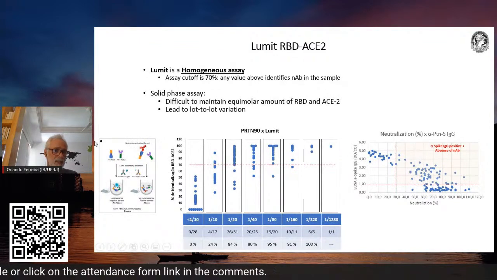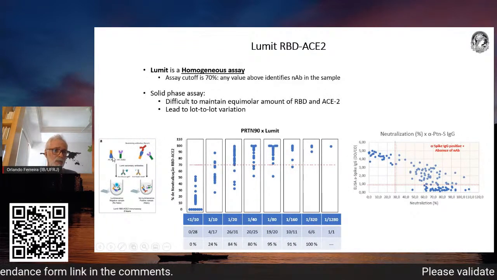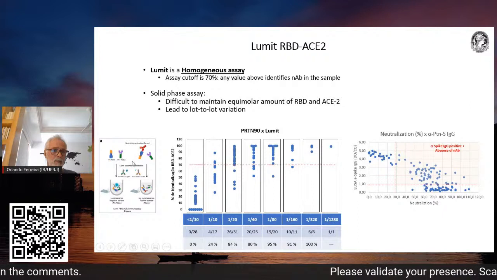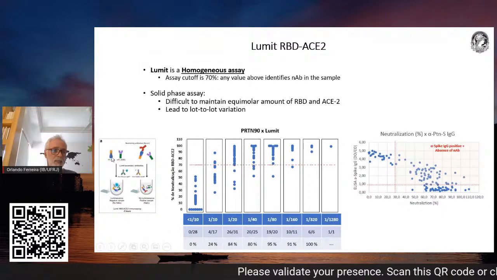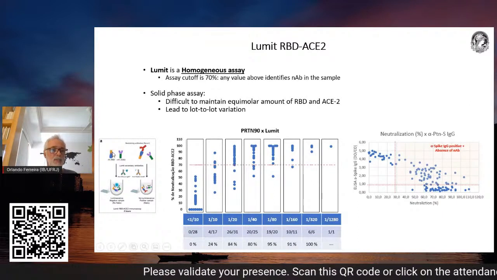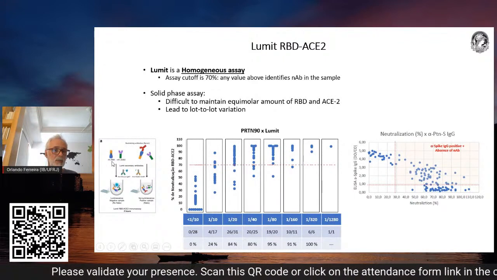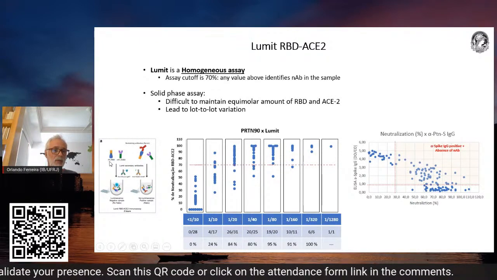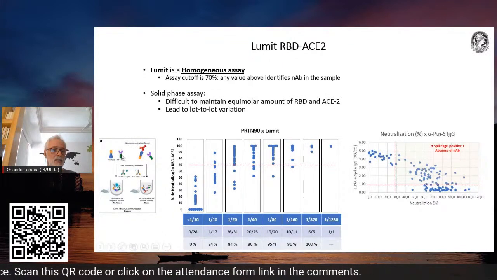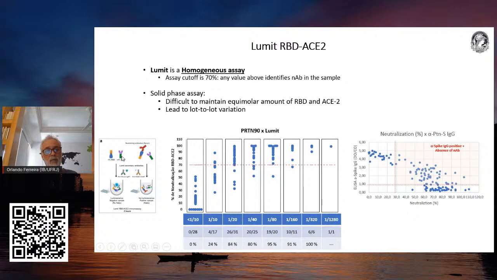So schematically, this is the presentation. They use an RBD that is linked to an Fc receptor, an immunoglobulin Fc region from rabbit, and the ACE2 that has an Fc from a mouse. Sorry. And then you mix the two together in the presence of the serum samples that contain antibody against the RBD.